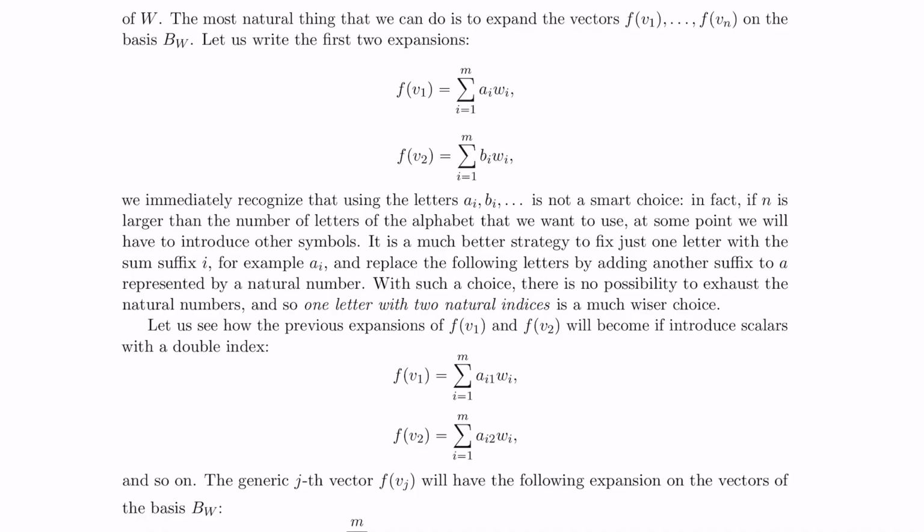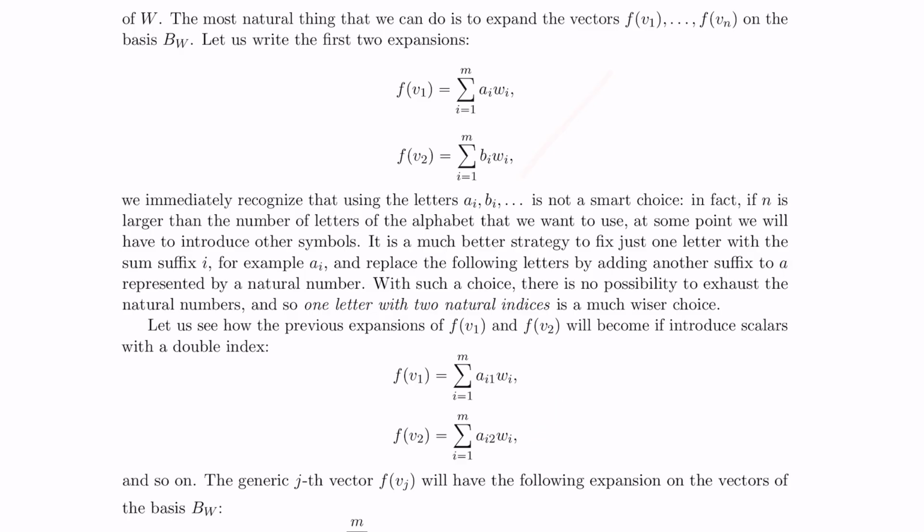A much wiser choice is to replace the notation of the coefficients in such a way that it remains coherent and it never runs out. For this purpose, mathematicians had the great idea to fix a letter, for example A, and attach to it not one but two indices. You can see what happens with this choice if you compare this notation here with this notation here.